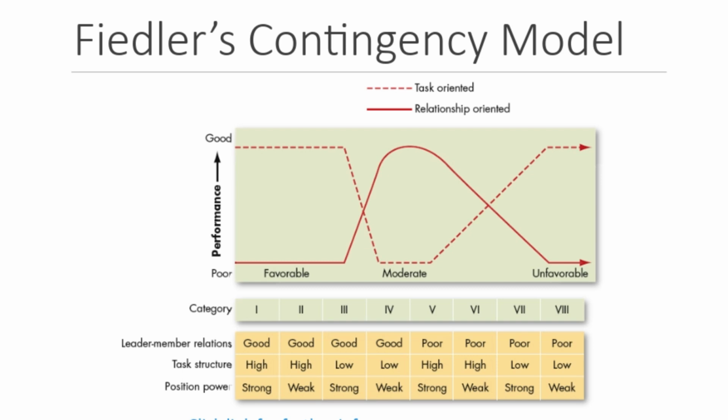According to Fiedler, leaders tend to be either task-motivated or relationship-motivated, and this is measured using the LPC score, or Least Preferred Co-worker score. Research shows that task-motivated leaders, those with a low LPC score, perform best in either highly favourable or highly unfavourable situations.